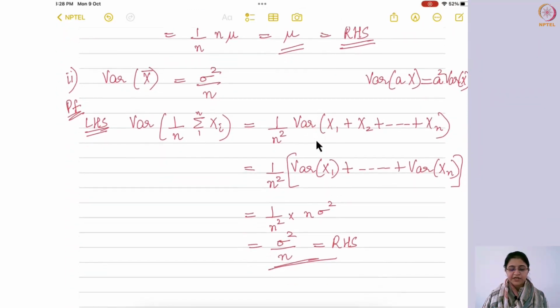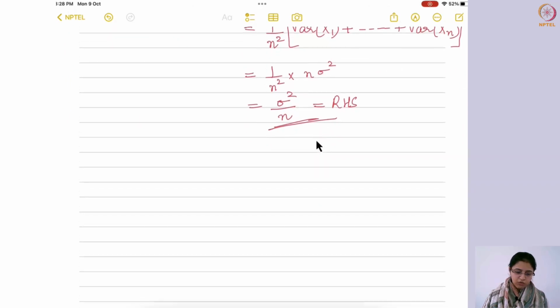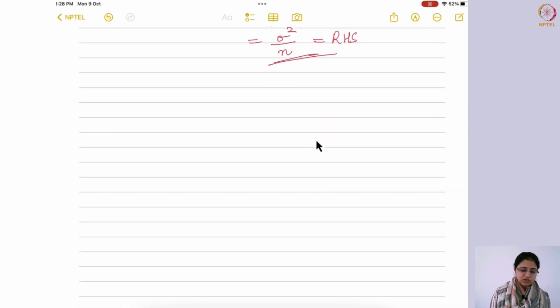Similarly, if you are calculating the variance of the sample mean, it would be sigma square by n. So the original variance, population variance, is sigma square. But if you are talking about variance of sample mean, in that case, it gets divided by n, whatever the sample size is. Now, we move on to the third proof.